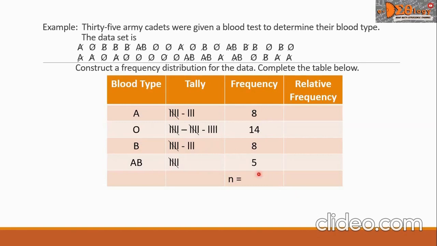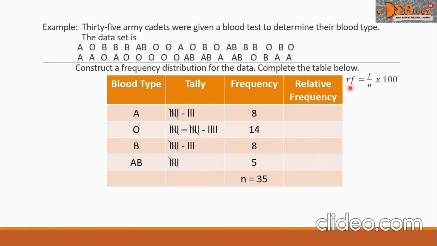And then, let us compute for the summation. We will take the sum of all the frequencies, and this is equal to 35. This number must be equal to the number of data in our data set. The next is, let us fill in the relative frequency column.